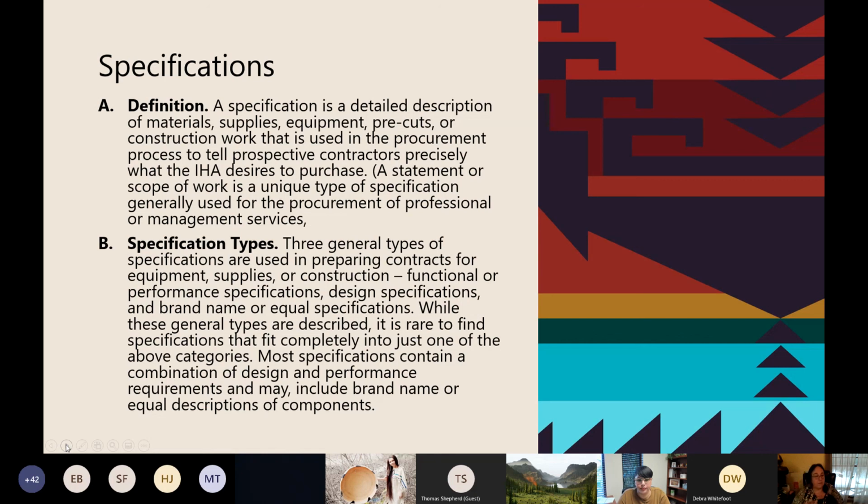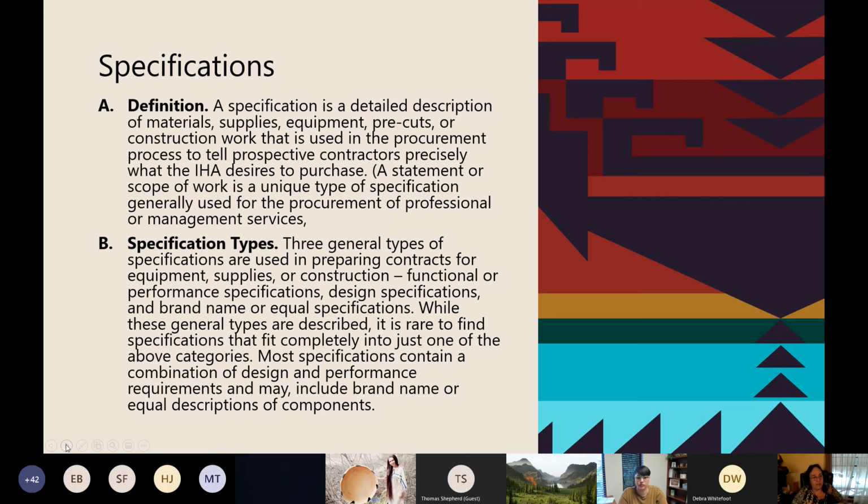Three general types of specifications are used when you're preparing a contract for equipment, supplies, and construction: functional and performance specifications, design specifications, and brand name or equal specifications. Well, these general types are described.